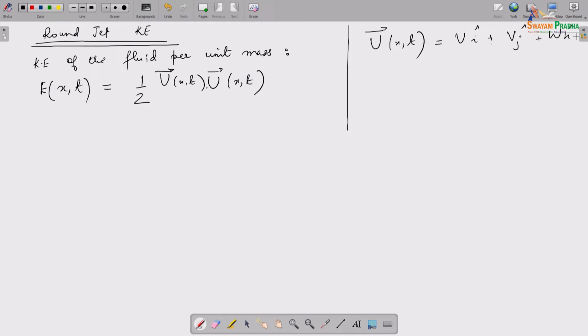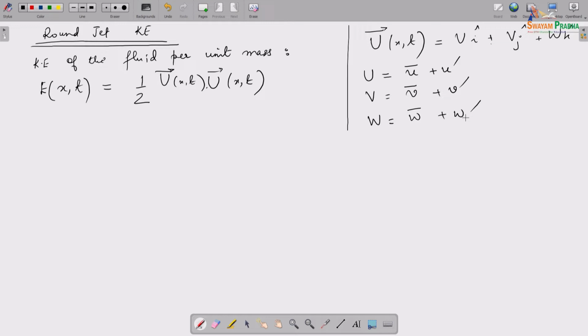So this essentially has three components, where U is essentially equal to a mean quantity and a fluctuating one. We know this by now, right?